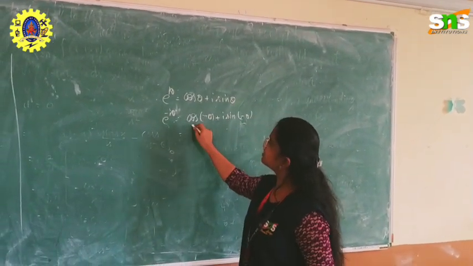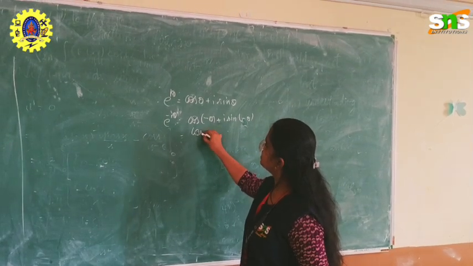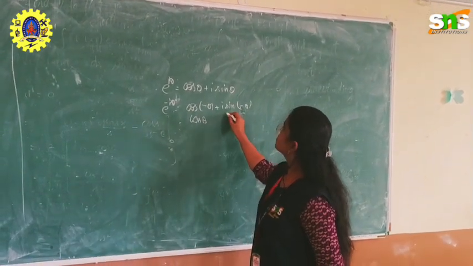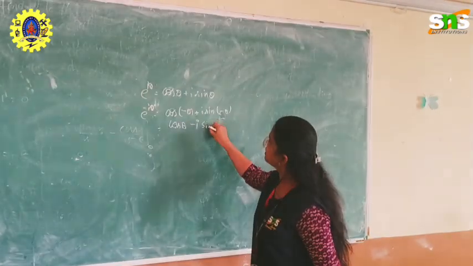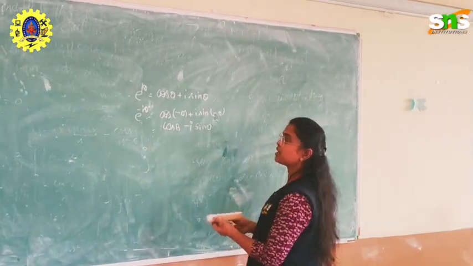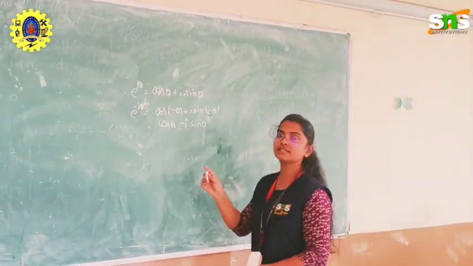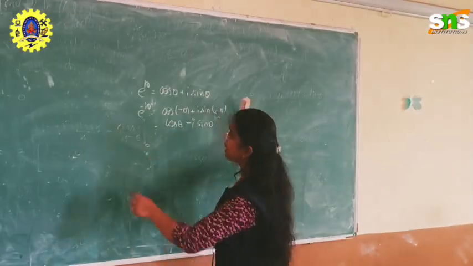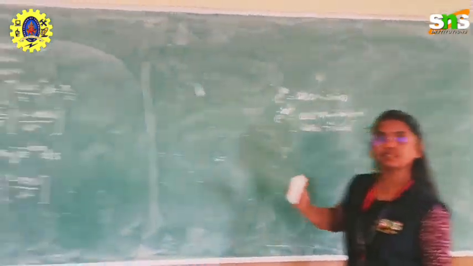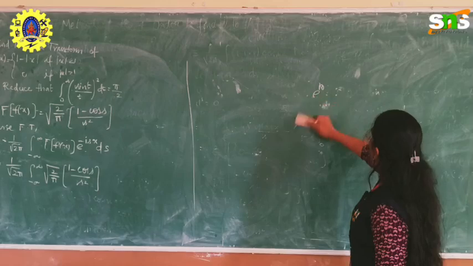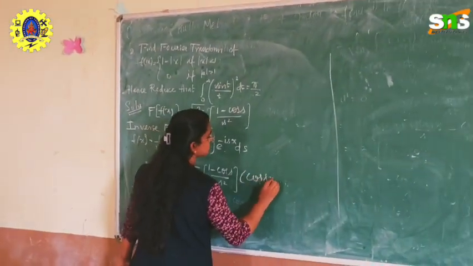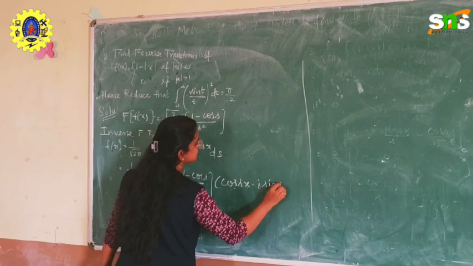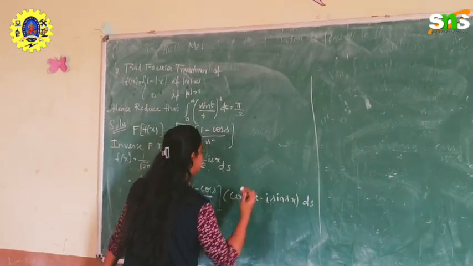You know that cos of minus theta will be cos theta, and sin of minus theta will be minus sin theta. So what you get? E power minus i theta is cos theta minus i sin theta, right? So now you have to replace theta by sx, which is cos sx minus i sin sx into ds.